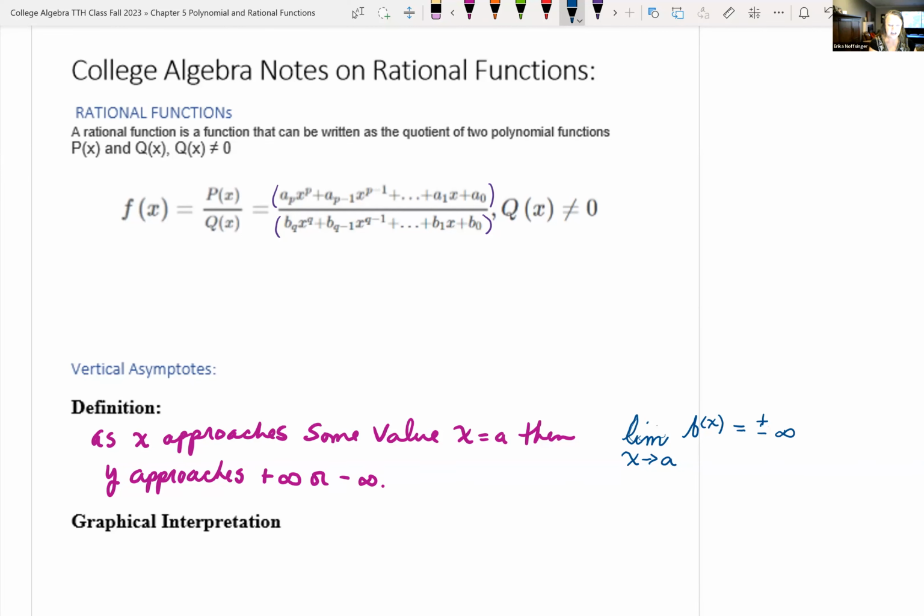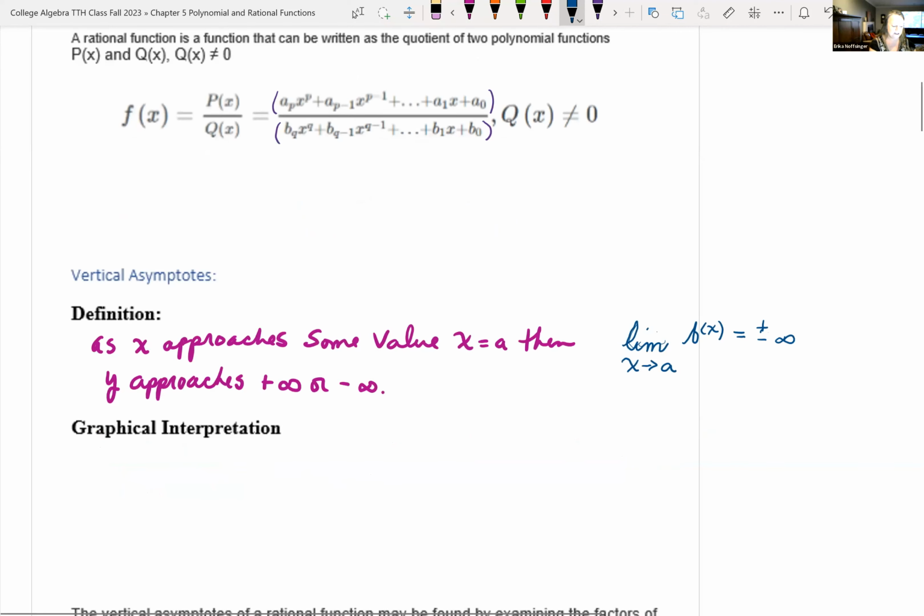So let's look at what that's saying graphically. Let's say we have some value here, x equals a. Usually when we're graphing, we'll denote a vertical asymptote or any asymptote with a dotted line. You usually won't see those on the graph if you graphed it on a technology, but we put it there so we know that it's there.